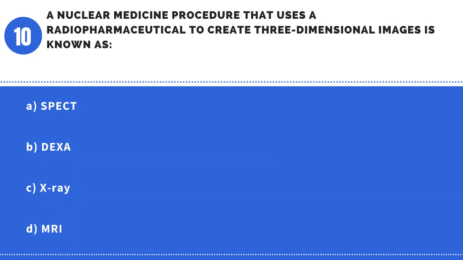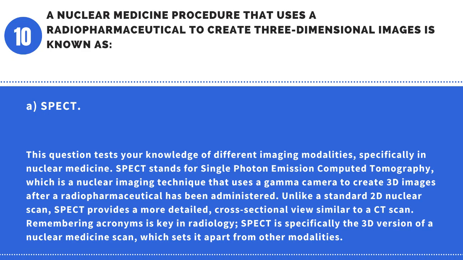Question 10. A nuclear medicine procedure that uses a radiopharmaceutical to create 3-dimensional images is known as A. SPECT, B. DEXA, C. X-ray, D. MRI. Answer: A. SPECT.